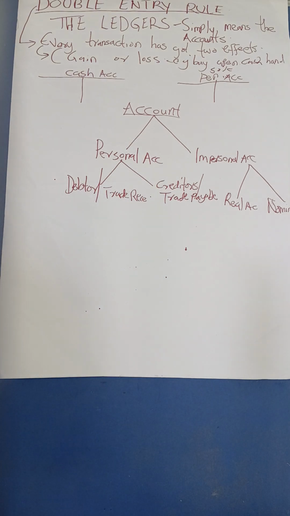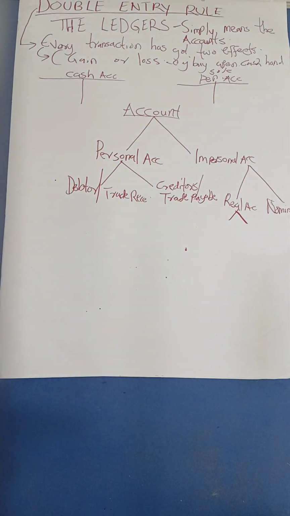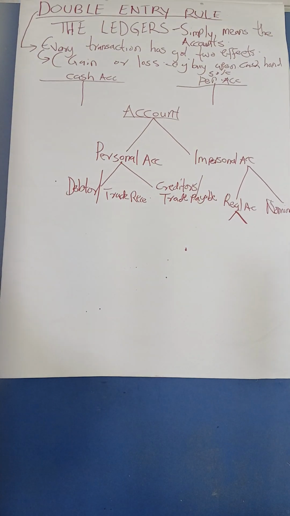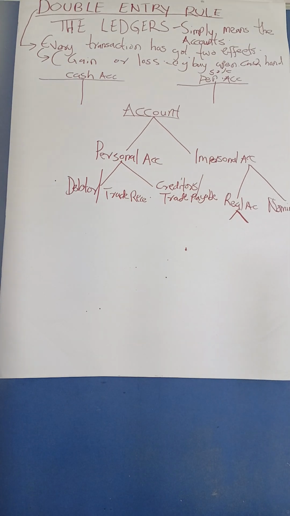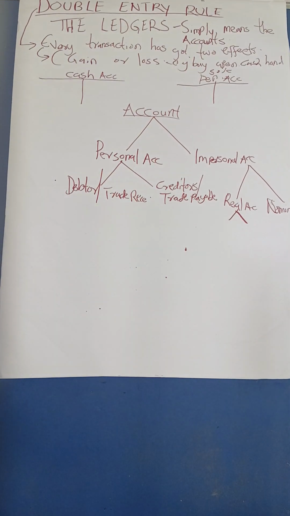What are these accounts all about? We are going to interact under real accounts. Here we are going to look into tangible properties. When I say tangible properties, I mean maybe the fixed assets, things that you can see, things that you can touch. Those are the real accounts.